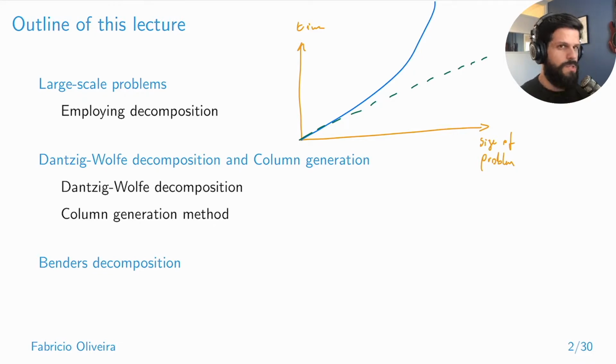The reason I chose these two is because Bender's decomposition nowadays is available in commercial solvers. Well, I know of one commercial solver, Cplex, that has an implementation of Bender's decomposition you can use right away out of the box. But Dantzig-Wolfe and column generation, even though I'm not familiar with any commercial implementation of it, there's quite a few open source implementations of column generation or frameworks that allow you to implement your own column generation.